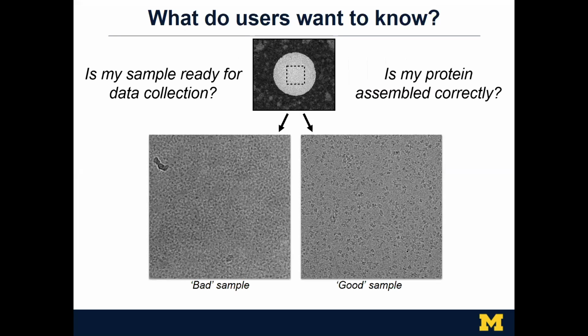On the right is after some sample optimization, you'll reach an optimal concentration for data collection. So from a user's perspective, people want to assess the quality of the data as early as possible, so that it saves a lot of time and you can just focus your efforts on the promising data sets.